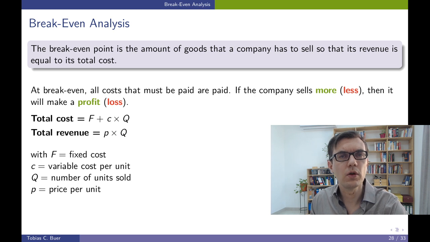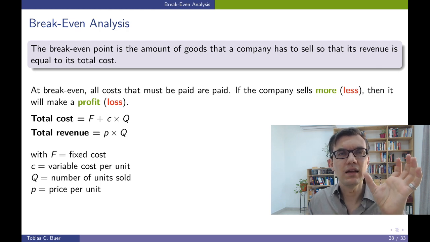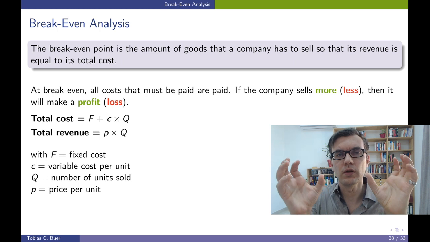I hope you already discussed this in some other introductory courses to business. The break-even point, this is a very important concept. The break-even point is the amount of goods that a company has to sell so that its revenue is equal to the total cost.